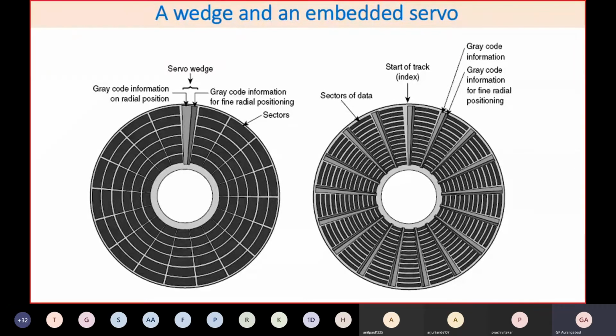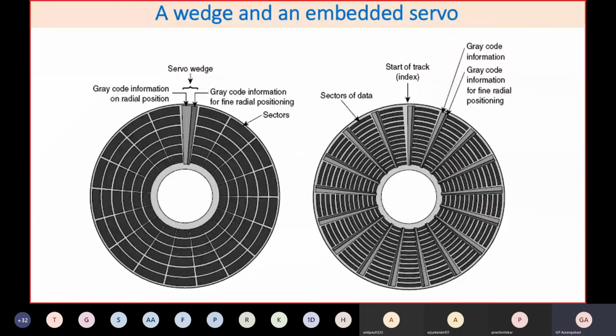To have a faster response, embedded servo is used. In embedded servo, as the figure suggests, these are all the sectors. Concentric circles are the tracks. These tracks are divided into sectors. Now this embedded servo information, that is the gray code information from embedded servo, is stored at the start of each sector.